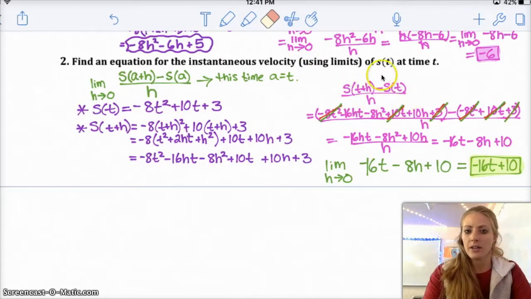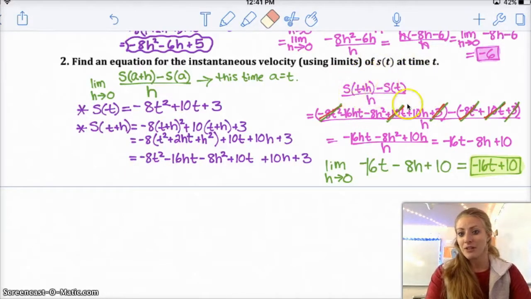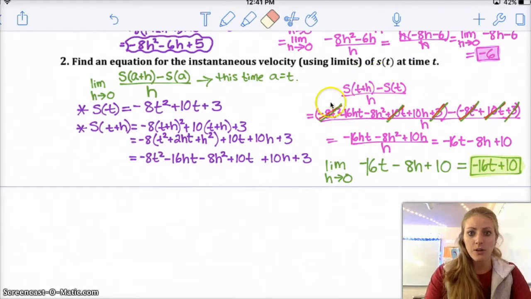So we're going to go and change this thing, and hopefully you're recognizing this a little bit. We've talked about stuff like this called the difference quotient. It's the same process that we did in class with the difference quotient. So this s of t plus h is this thing here that I've simplified. So I put that up there, and then I'm subtracting s of t, which is this thing here, the negative 8t squared plus 10t plus 3.